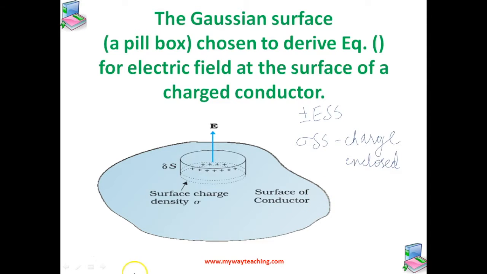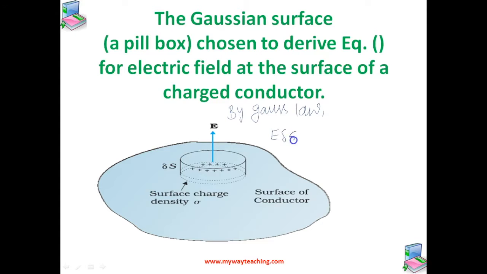By Gauss law, we can write E into delta S is equal to sigma delta S by epsilon naught.